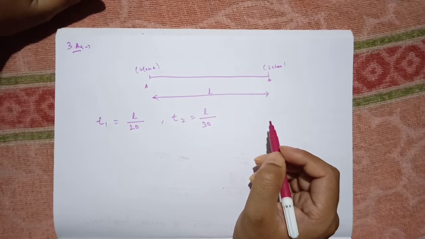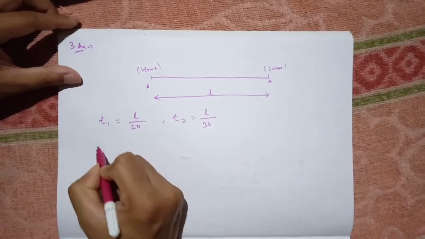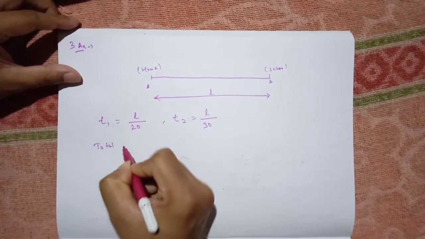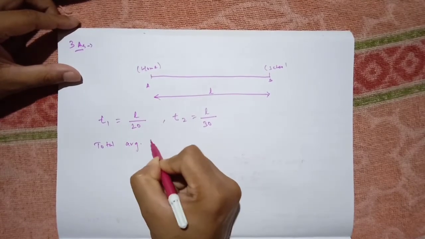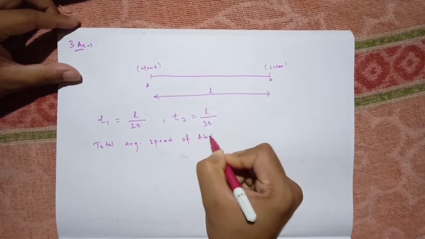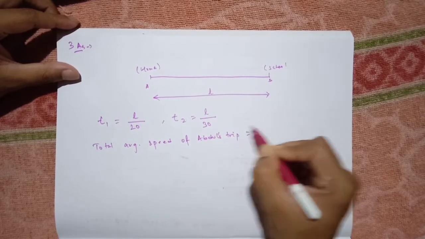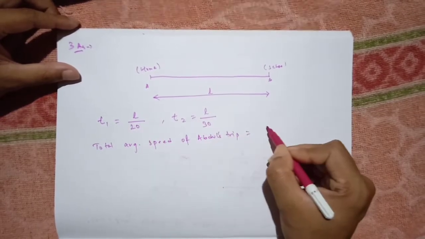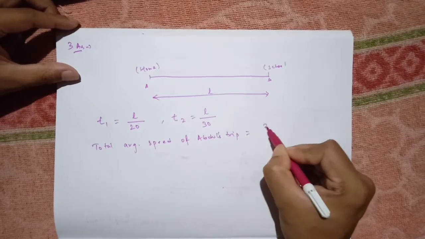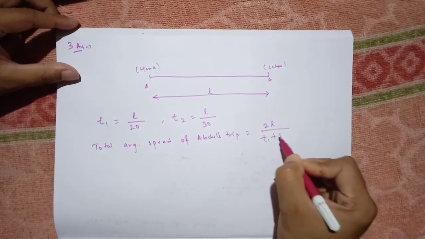Okay, now we have to find out the average speed for Abdul's trip. Okay, so total average speed of Abdul's trip will be total distance, which is 2L by total time taken T1 plus T2.